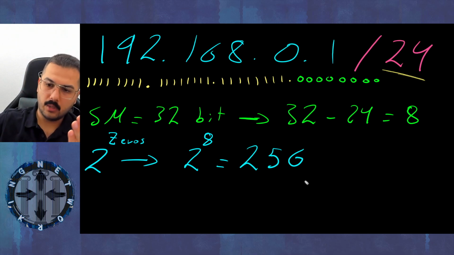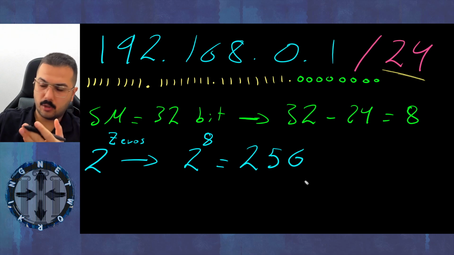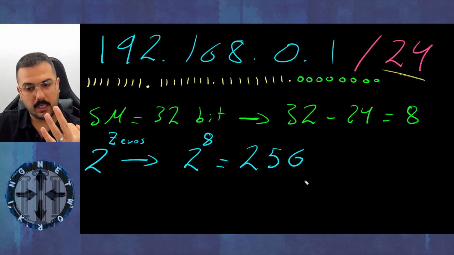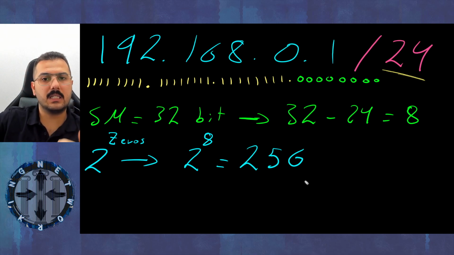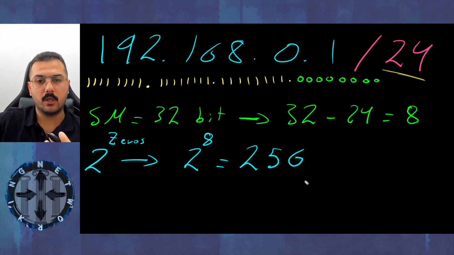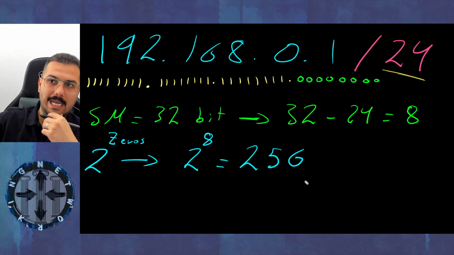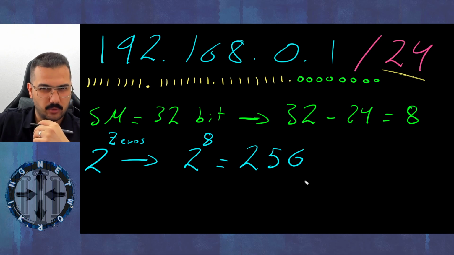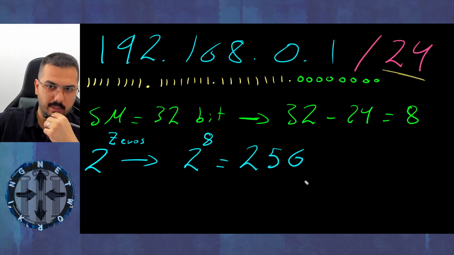So step number 2, I did a deduction. The result was 8, also known as the number of zeros. Step number 3, take this number of zeros as a power for the base of 2, so 2 to the power of 8. This will result in 256.